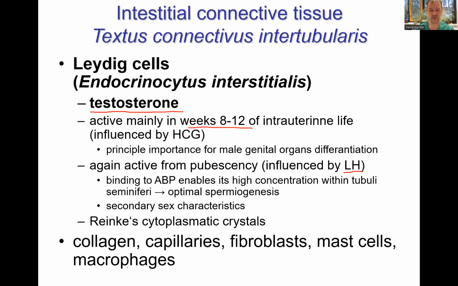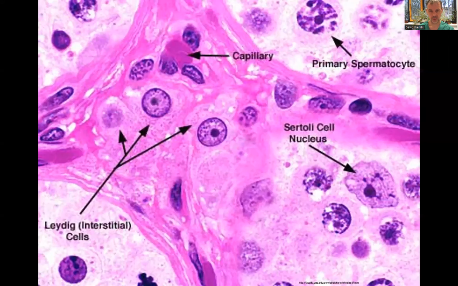Except for Leydig cells, we have inside interstitium capillaries, fibroblasts, the mast cells, and macrophages, and of course some collagen fibers. You can nicely recognize them as having a really large and eosinophilic nucleus with prominent nucleolus, which means that they are steroid-producing cells.